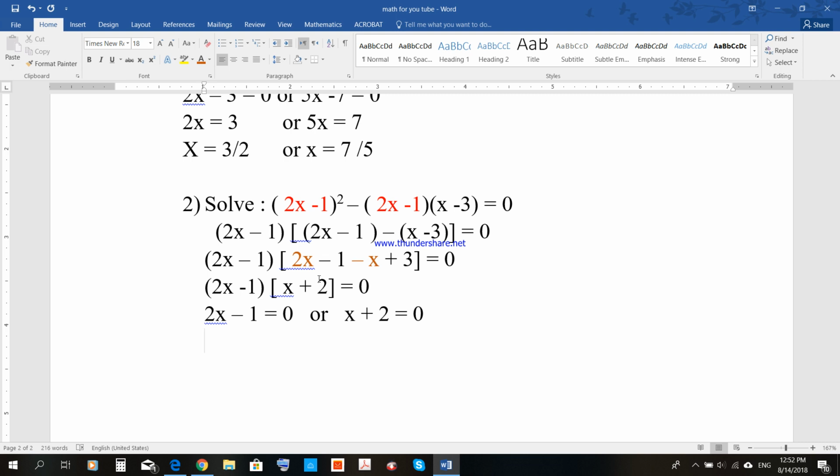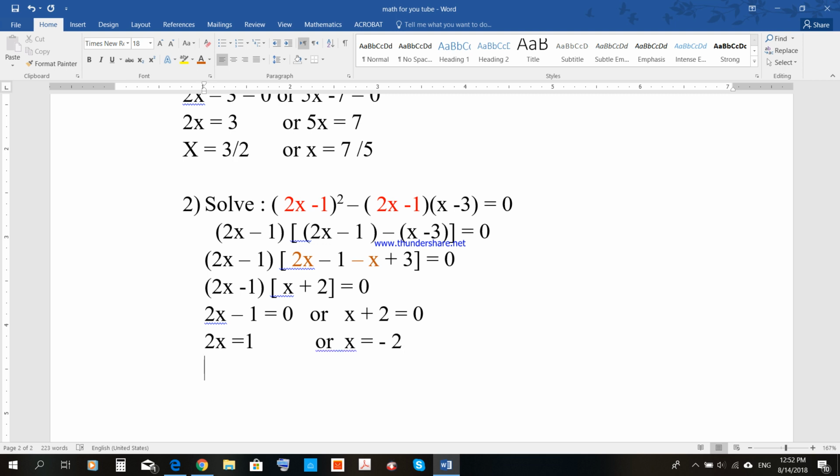To find x, here 2x equal, we take minus 1 to the right side of the equal, it becomes plus 1, or x equal minus 2, because we change the sign when we take plus 2 to the right side.